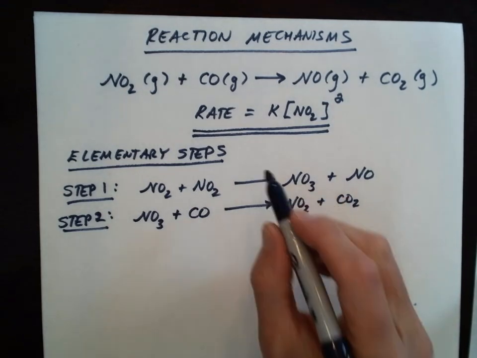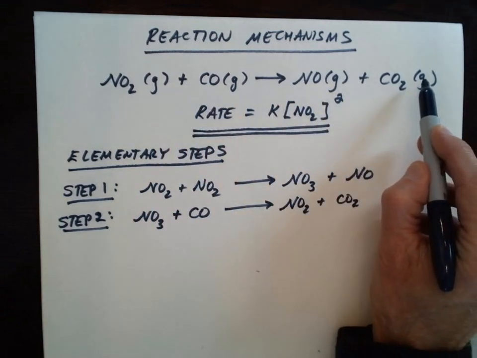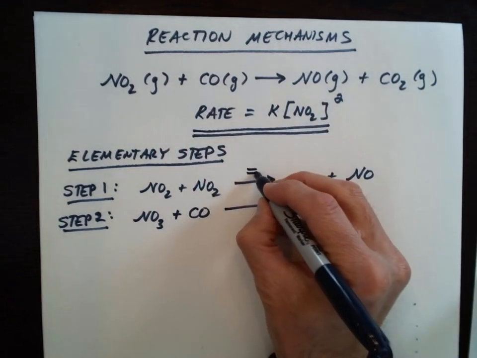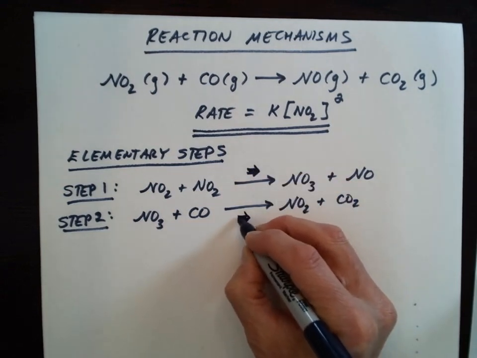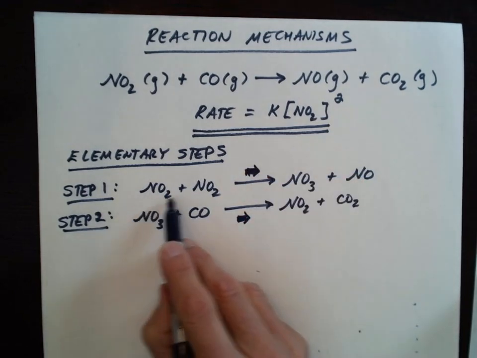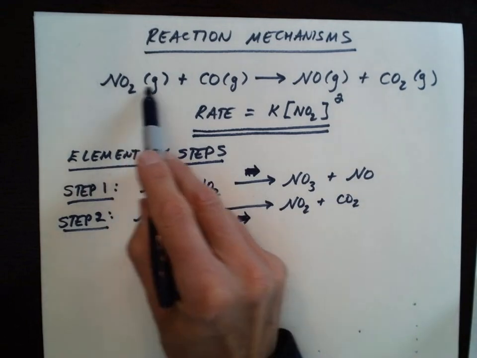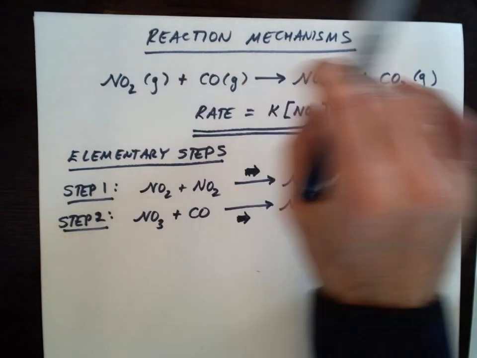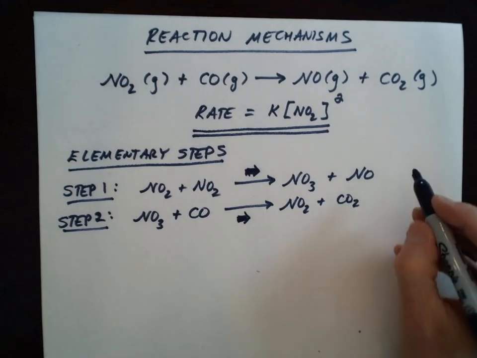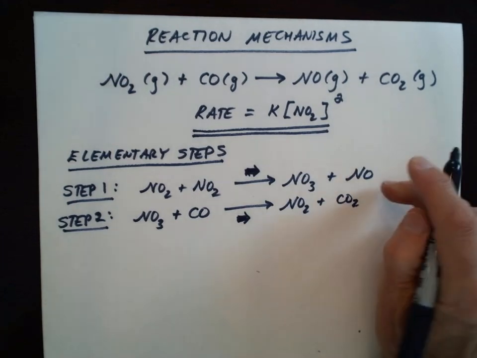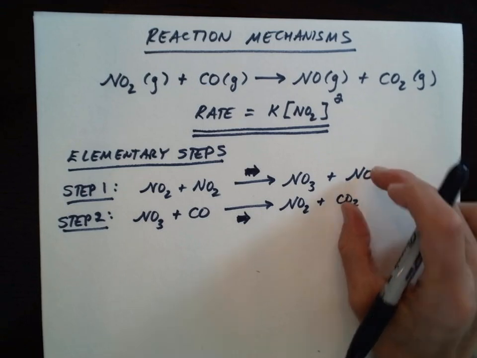Sometimes, to distinguish between overall reaction stoichiometry equations and elementary steps, authors will put a bold arrow like this to indicate that these are indeed events that are occurring, whereas this is just telling us where we're starting and where we're ending, and they're different. And a key way they're different is we are allowed to extract the rate law for elementary steps in the following way.